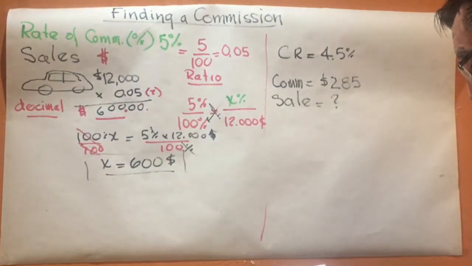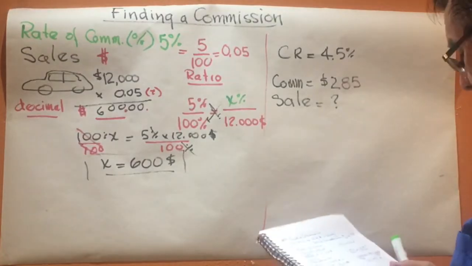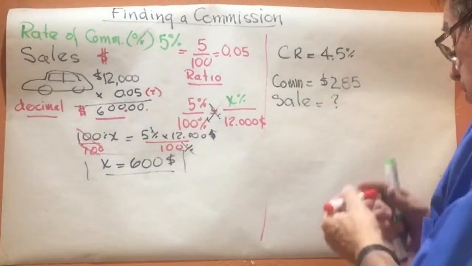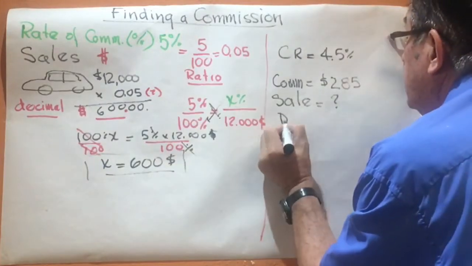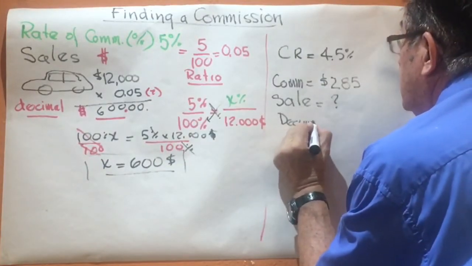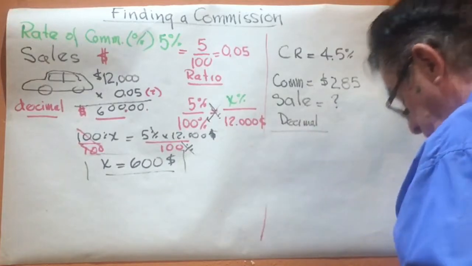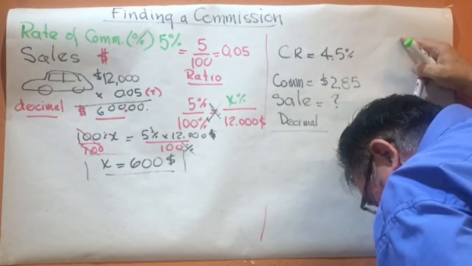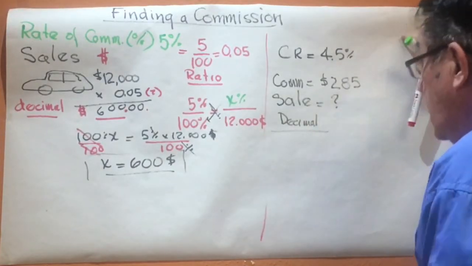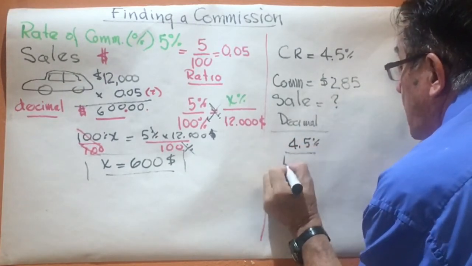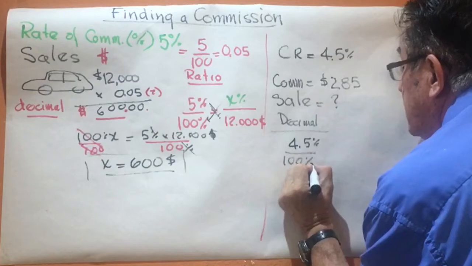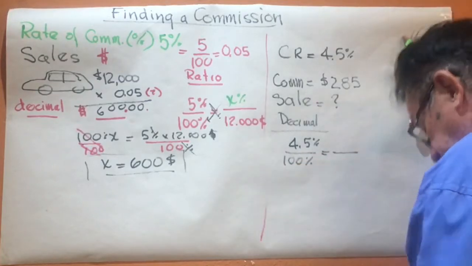Okay. Well, what do I have to do? I have to use the decimal form. As we know, we use the decimal method. Say that as usual, 4.5% over 100% is the ratio of what?